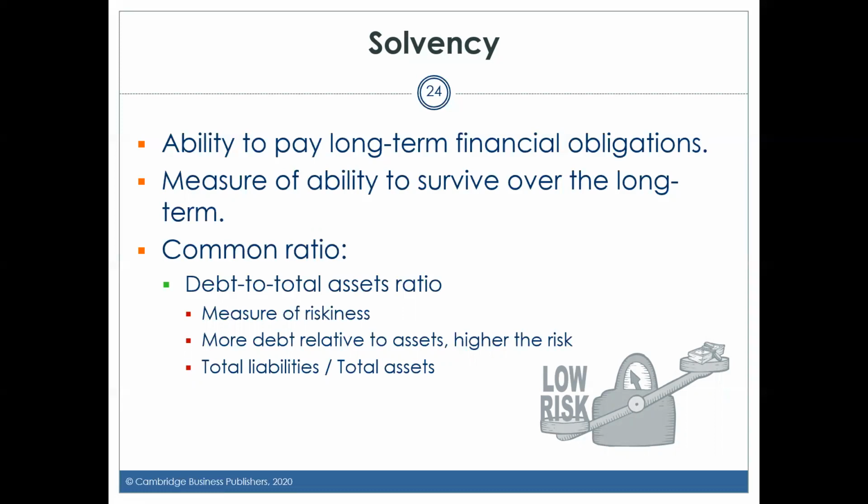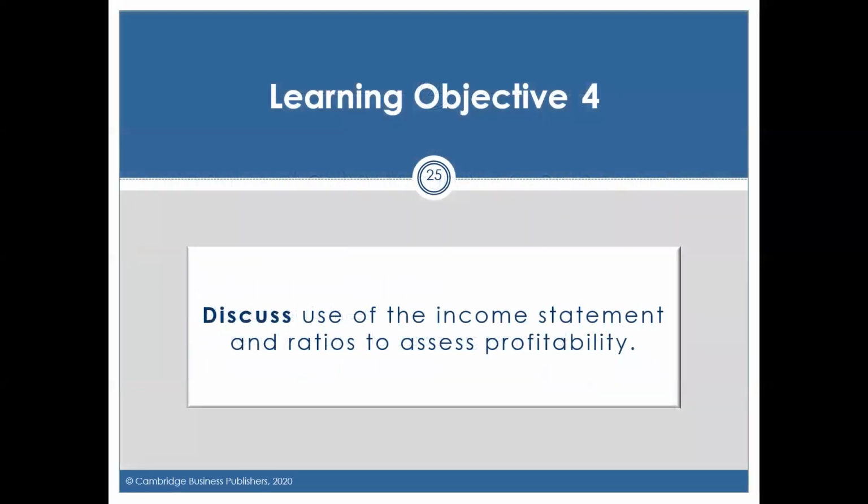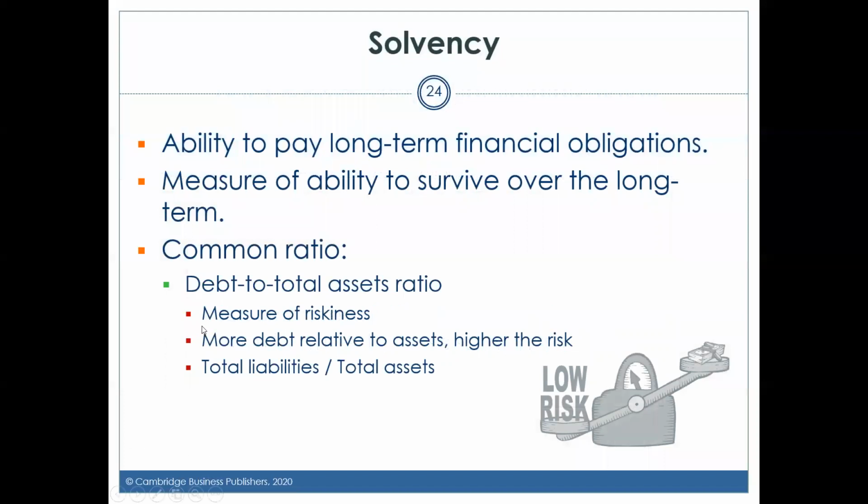The company would want this ratio to be less than 1. They would want the total assets to be bigger than the total liabilities, and that would make the ratio less than 1, since total assets is in the denominator. Companies that have a debt to total assets ratio greater than 1 are more risky to invest in.